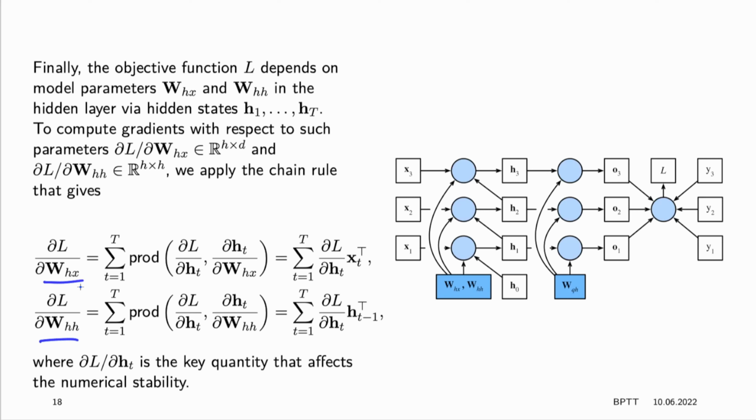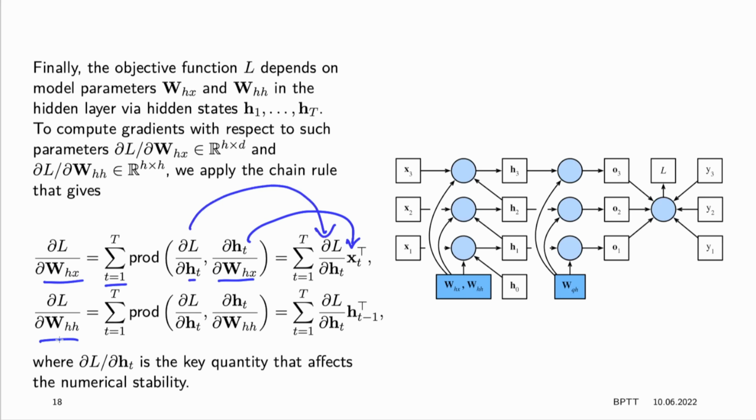The gradient of the loss with respect to W_HX is the sum from little t equals 1 through capital T of the product of the gradient of L with respect to H_t with the gradient of H_t with respect to W_HX, because H_t is computed as a linear function. It depends on our inputs x_t transpose, and here is the gradient ∂L/∂H_t.